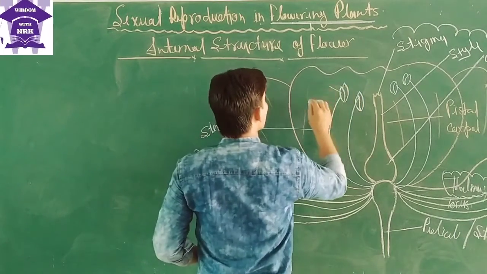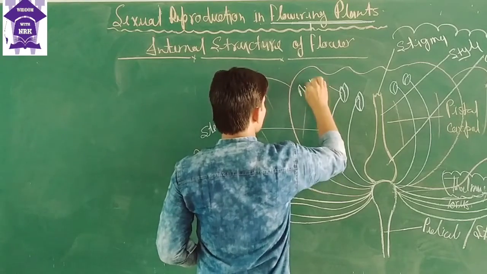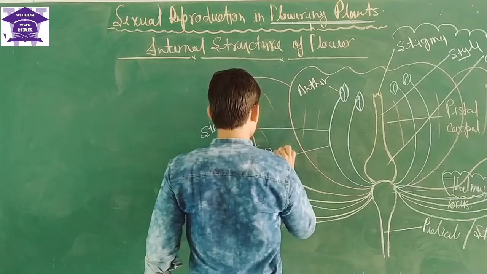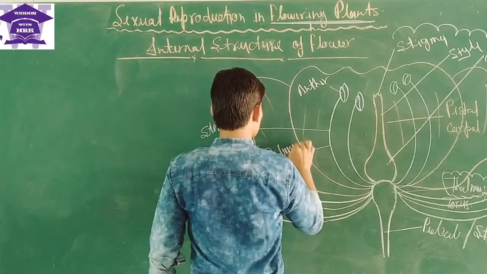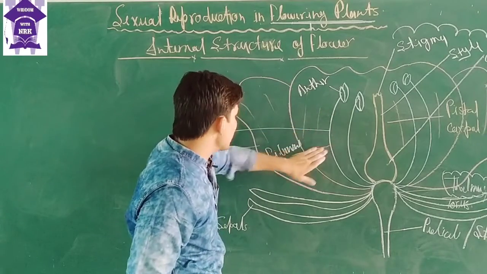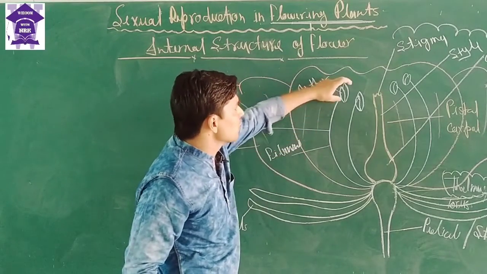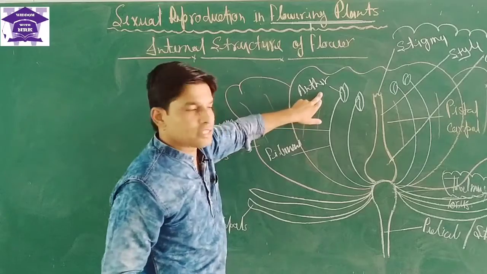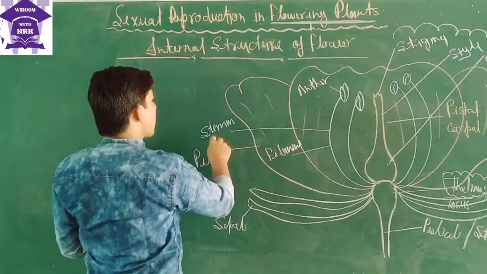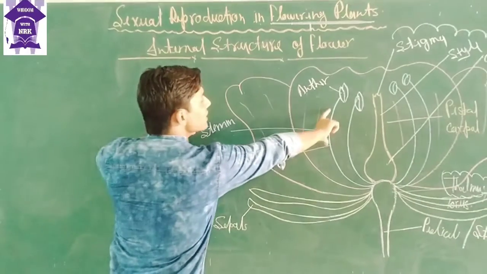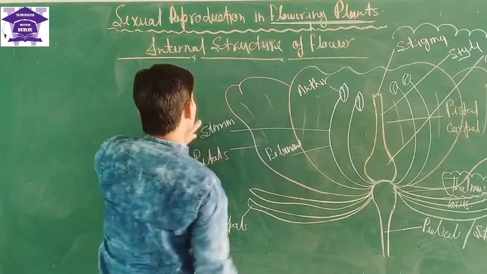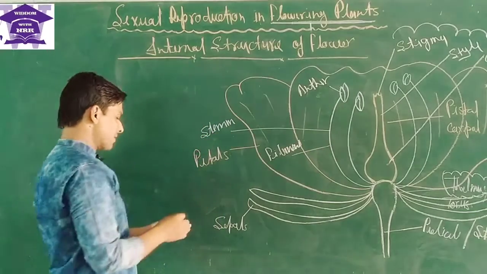This is the filament, and this is a bilobed structure known as the anther. The anther and filament together form the male reproductive organ of the flower, known as the stamen.